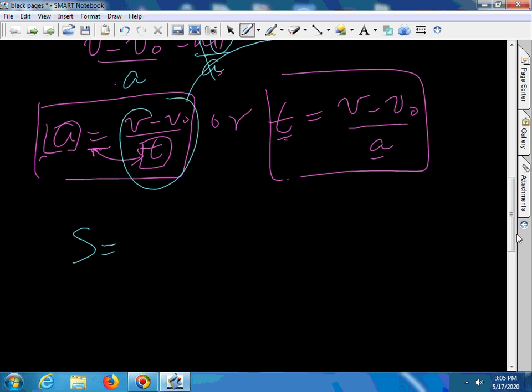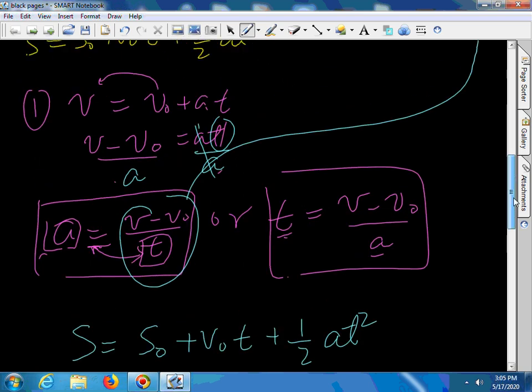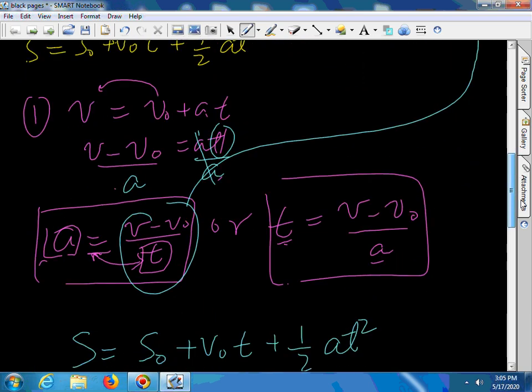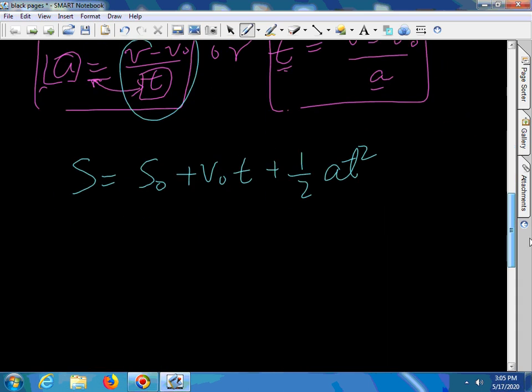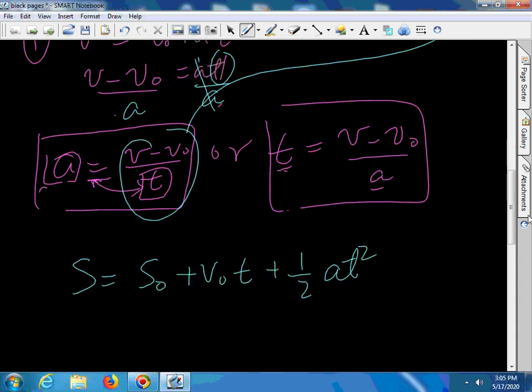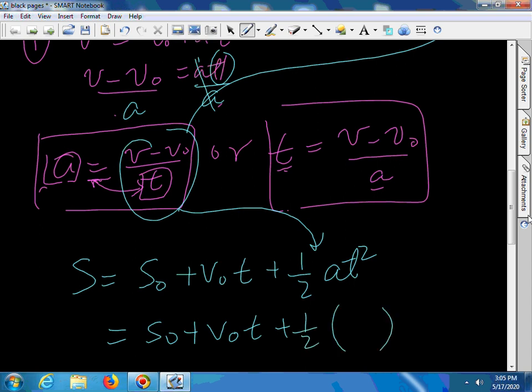Say s, which used to be s0 plus v0t plus 1/2 at squared. I haven't done physics in a while, so let's make sure I'm right. Okay, so you can plug this in right here for a, and then you'll get s0 plus v0t plus 1/2 times the new way of writing a times t squared.